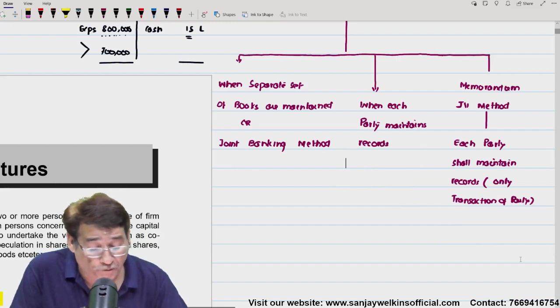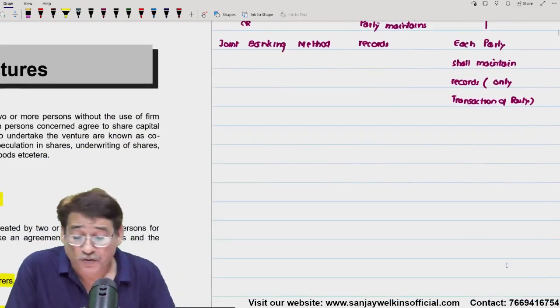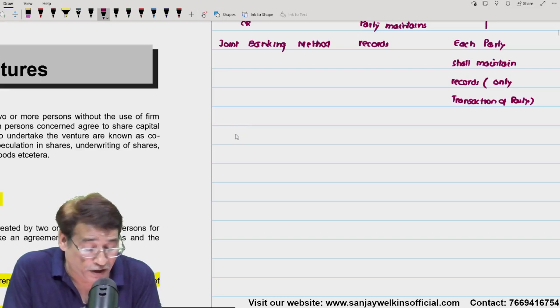Now, first we pick up when separate sets of books are maintained. So when separate sets of books are maintained, how are we going to do the accounting? First we are going to analyze this particular method.